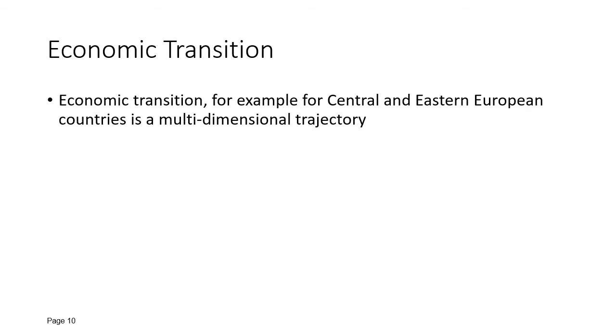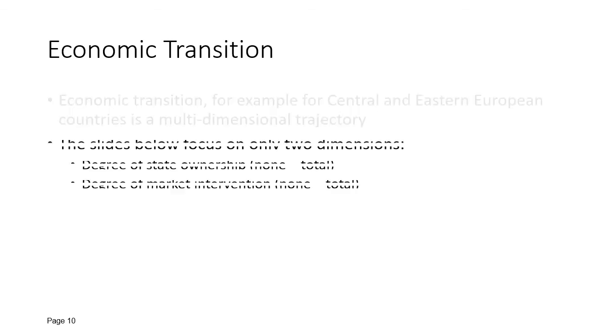Having set up all these organizations, we're going to look at economic transition. What is the impact that all these organizations have had on a country going through some economic transition? We're going to be focusing on the Central and Eastern European region. And our approach is going to be a multi-dimensional trajectory. There are two dimensions that we're going to be focusing on.